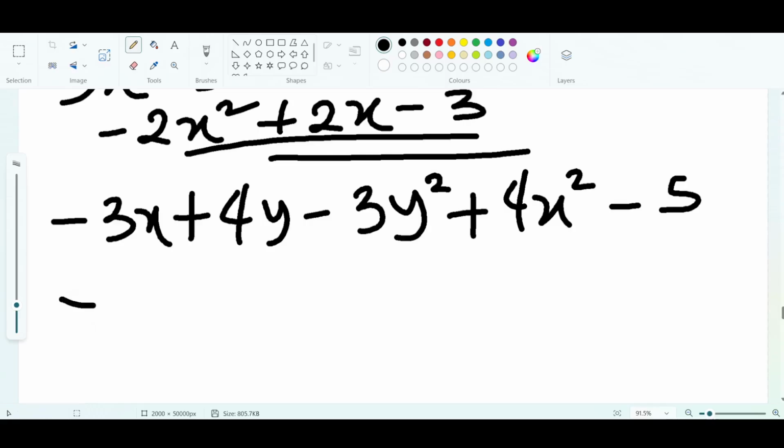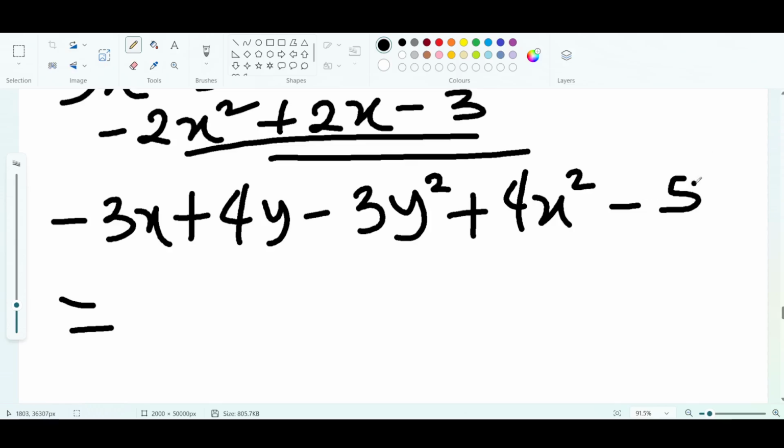The final answer to this expression, if you look at it, is there anything that can add each other here? Here we can see that none of the terms can add each other, because this x is having a power 1 while this one is having a power 2, so we cannot add them together. And this is having power 1, this is also having power 2, we cannot add them together.